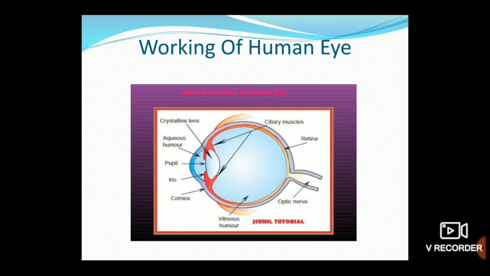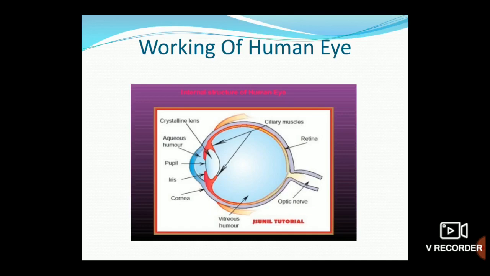The eyeball is almost spherical in shape with a diameter of about 2.5 cm. Light enters the eye through a transparent membrane called cornea. Behind the cornea, there is a muscular diaphragm called iris, which has an opening at its center called pupil. The pupil controls the amount of light entering into the eye.